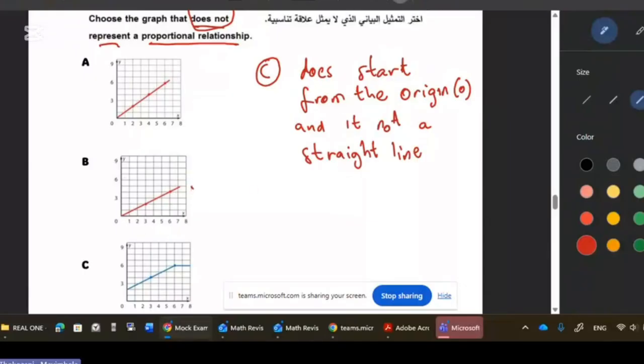We can see all of these ones start from zero and are a straight line. But this one here is not, so this is the answer, C. Okay? Okay, let's move on.